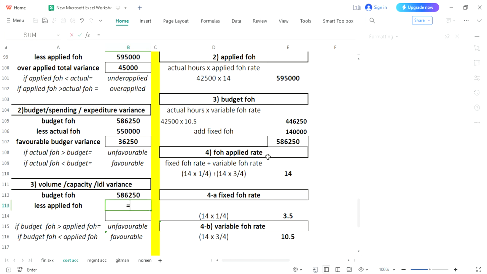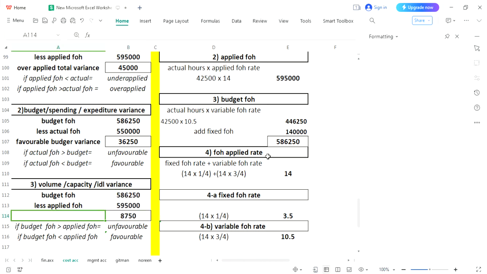Here you can see the highlighted area, factory overhead applied FH was calculated over here. The amount was 595,000, put over here. Both FH are written. It's time to calculate their variance by taking the difference of budget and applied. Your applied FH was 595 and your budget was 586. Calculate the difference, which is 8750.